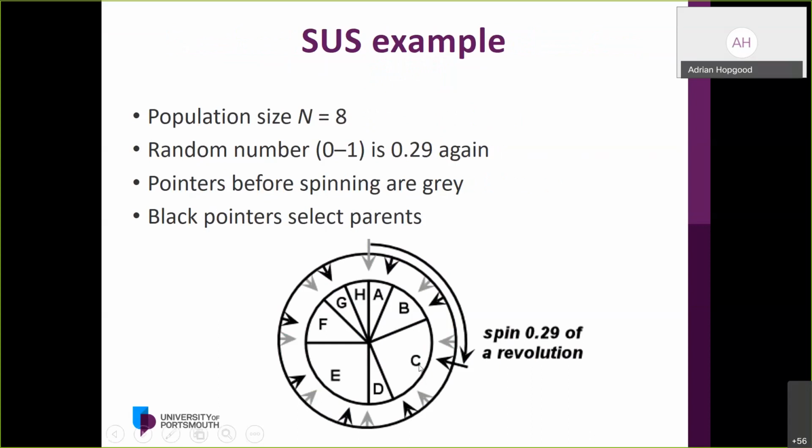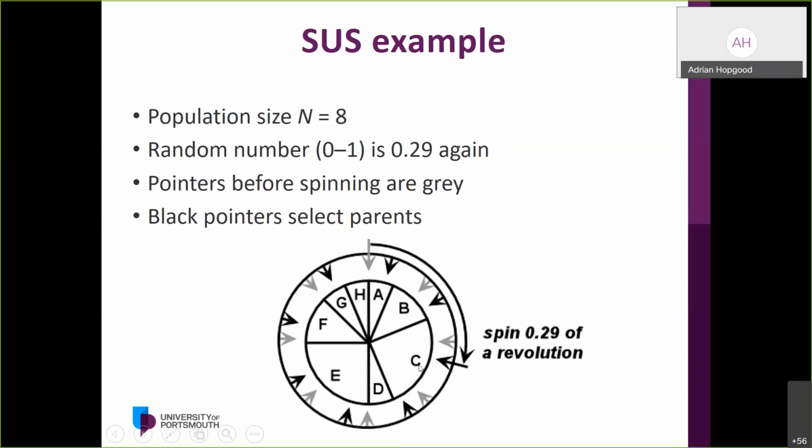As before, you distribute the roulette wheel shares according to fitness, but this time you only spin the wheel once and you have multiple pointers. So for population size 8, you have 8 pointers. And that eliminates the possibility of spinning several times and picking out the least fit each time.